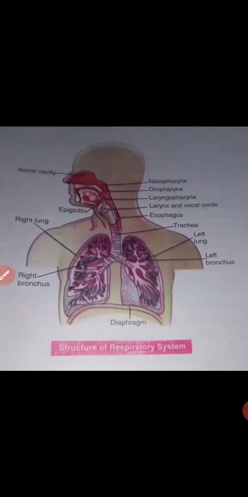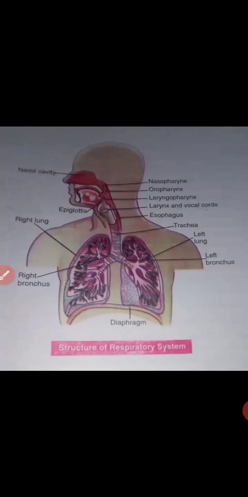The contraction of the diaphragm moves the muscle downward into the abdomen. This enlarges the thoracic cage. It results in decreasing the pressure in the thoracic cavity.